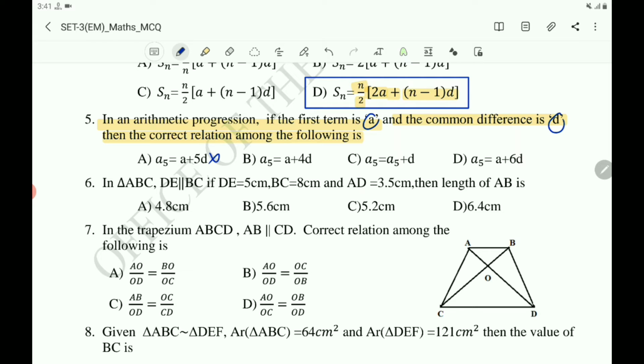That is 1 less than 5, which is 4. A5 equals A plus 5D is wrong, and A5 equals A plus 6D is also wrong. So the correct answer is option B, A5 equals A plus 4D.